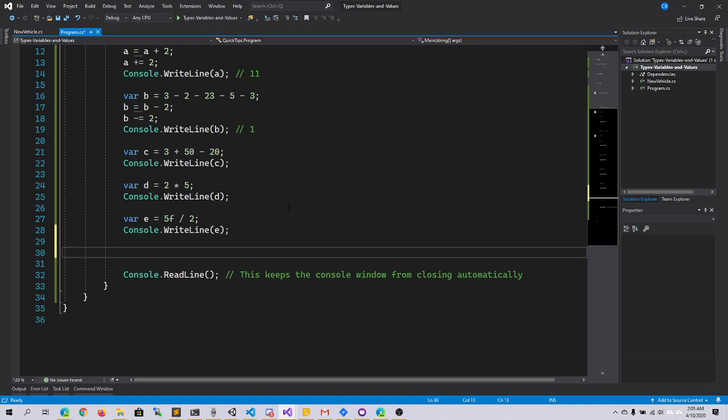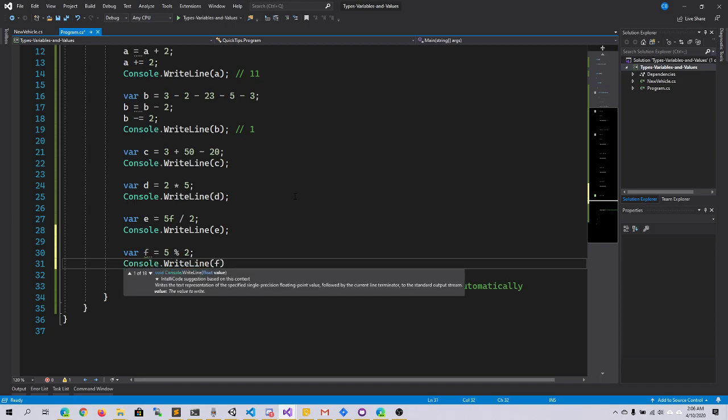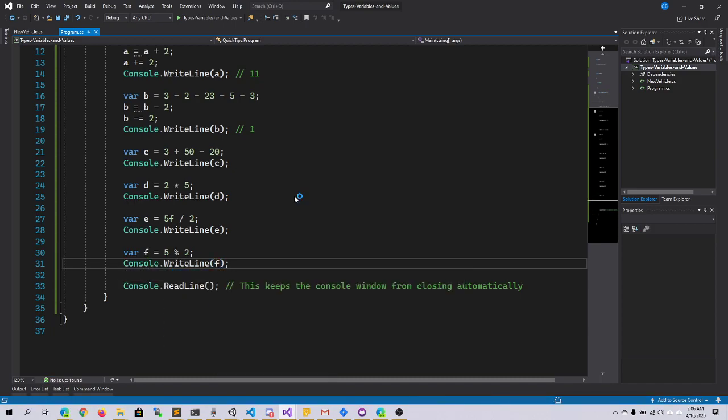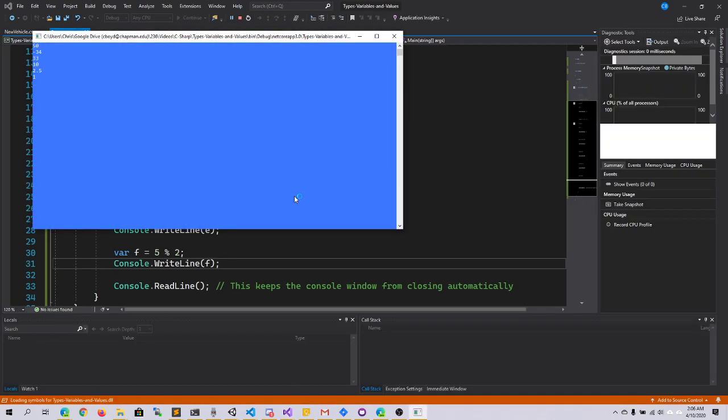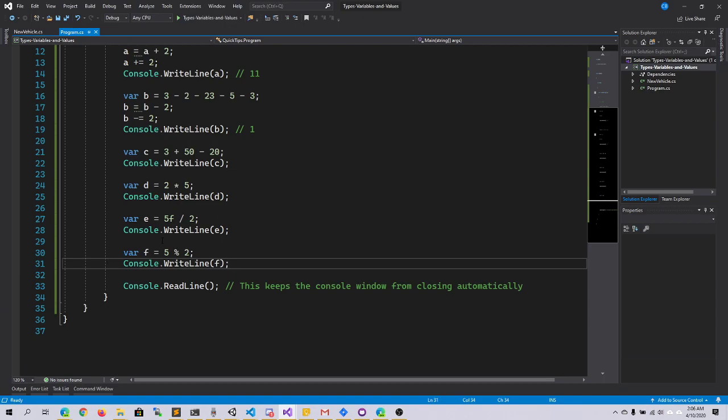Now, the last one we're going to go ahead and talk about here is modulo. Now, if I did 5 modulo 2, it is going to result in the return of 1. That's because modulo performs division, and then it gives you back the remainder.